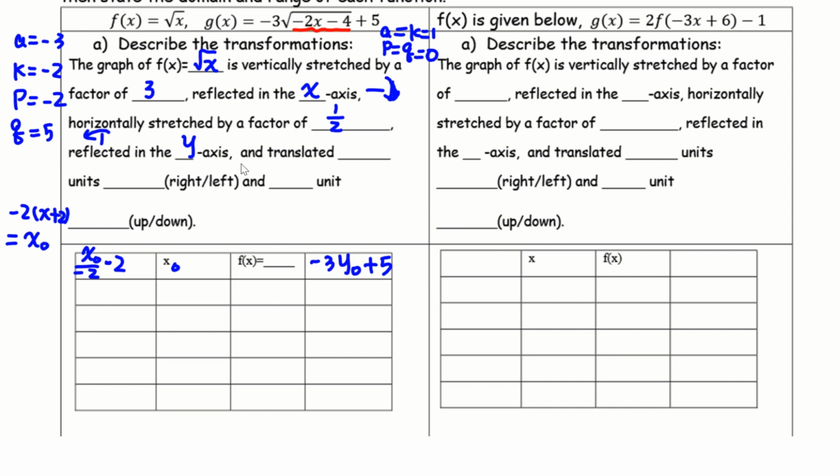And translated, the p-value is negative, so it's left. And the q-value is 5. We just use a positive 5 here, and it's up. After that, we are going to draw the parent function. So it's y0, the parent function is square root x0.